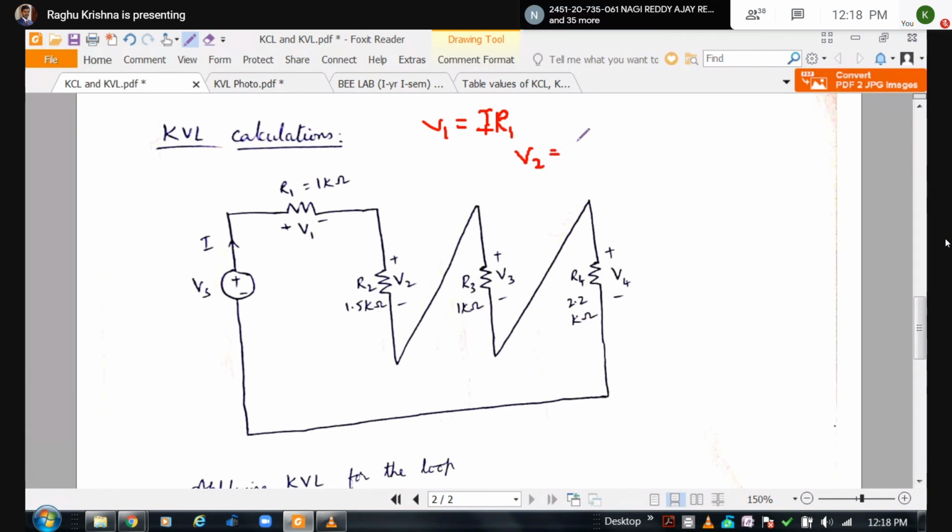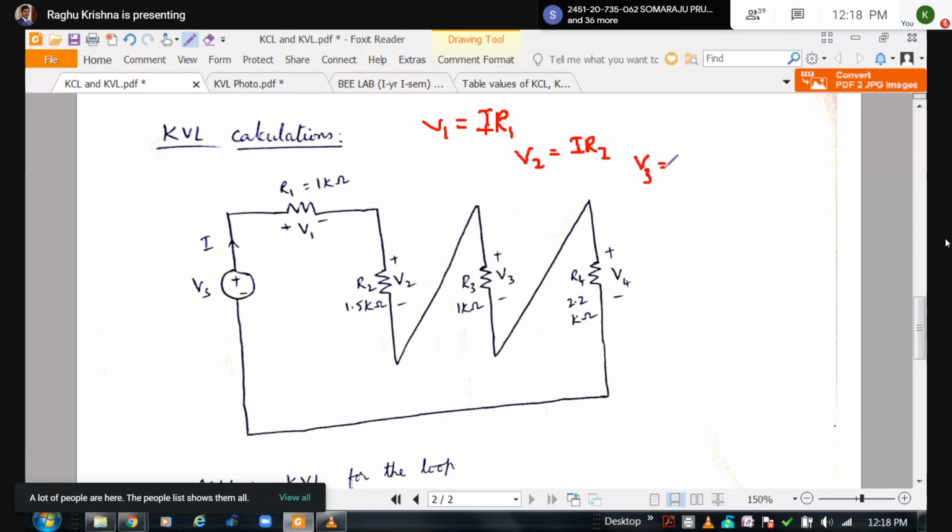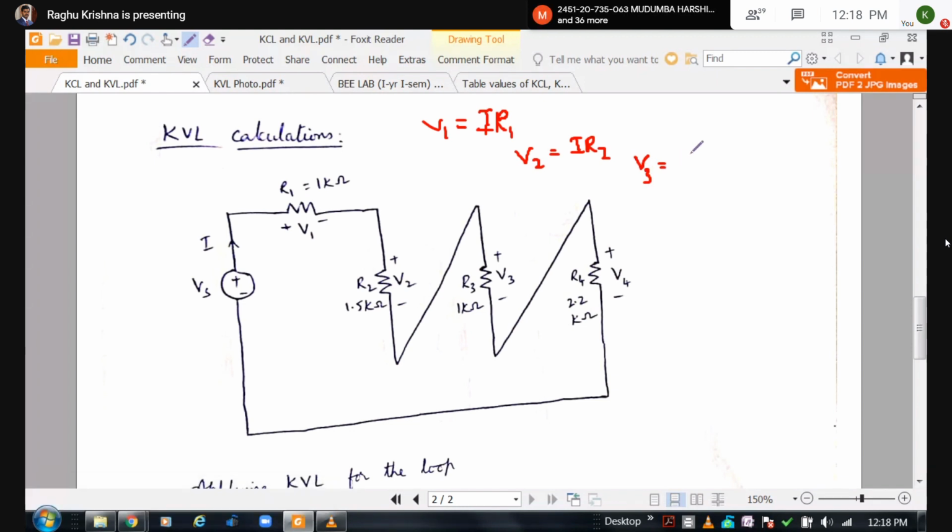What about V3? I into R3. Similarly, V4 is equal to I into R4. So we got the voltage drops, and the voltage rise is Vs.